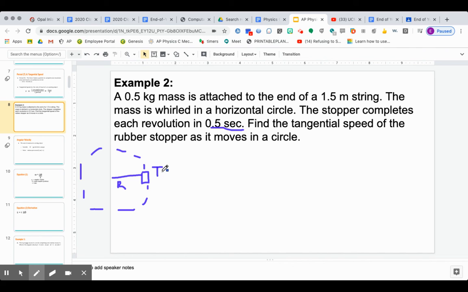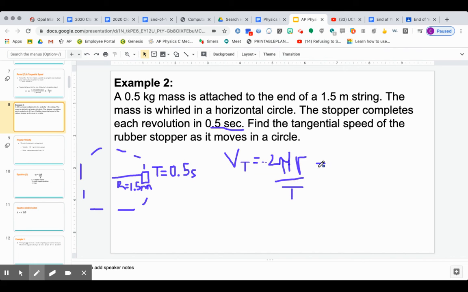Okay, so if it completes one cycle in that time in seconds, that is the period, 0.5 seconds. We're told in the problem that the radius, or the length of the string, is 1.5 meters. So to find the tangential velocity, the constant speed, we take 2 times pi times the radius, and we divide by the period. So I have 2 times pi times r divided by period.